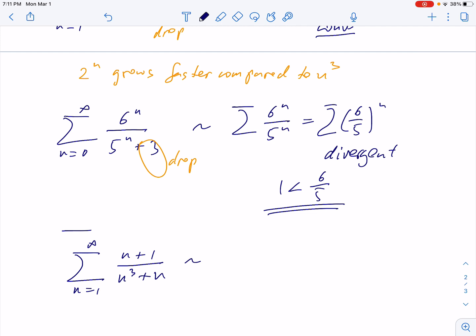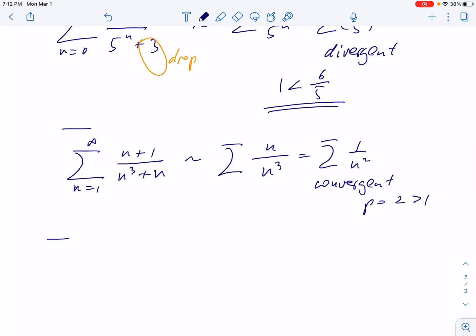So this will be similar to the series with just n on top, n cubed below, and after reducing by n, this will be a convergent p-series with p equals 2, bigger than 1.